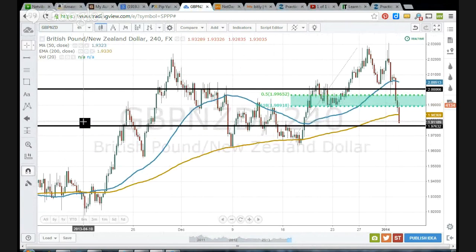But given that it's approaching that support level, this is definitely something that I'll be keeping an eye on for tomorrow. So I'm going to jot this down in the notebook I have beside my trading computer, beside my desk. Write down that it's basically pound kiwi as the opportunity that I'll be focused on tomorrow, and of course the euro dollar. Need to return to that and place that trade in my trading account.